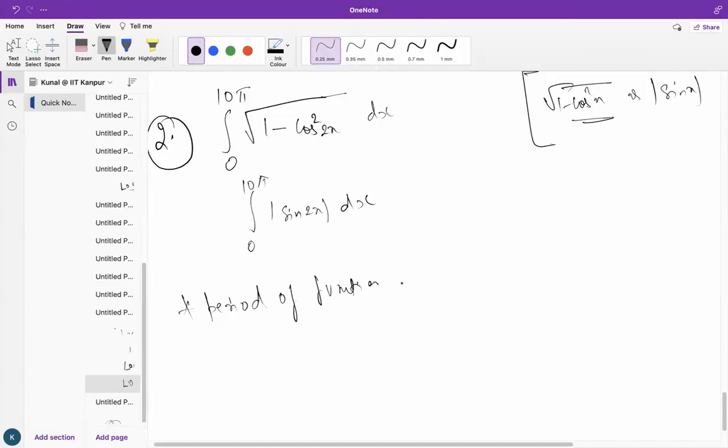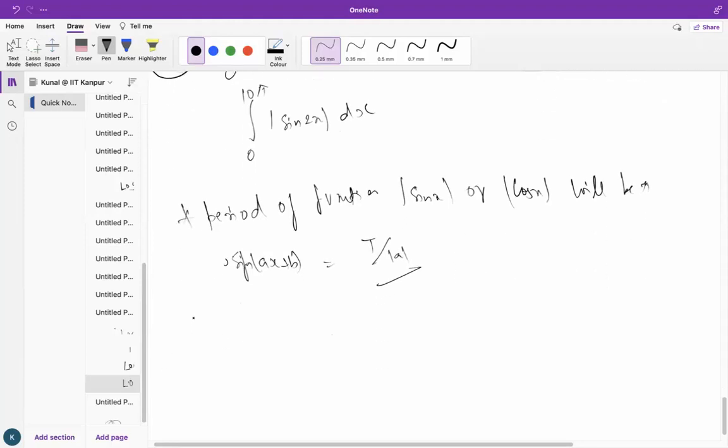The period of the function mod of sin x or mod of cos x will be pi. And we are using the concept that for a function f of ax plus b, the period is the period of f divided by mod of a. So we are using the same concept here.